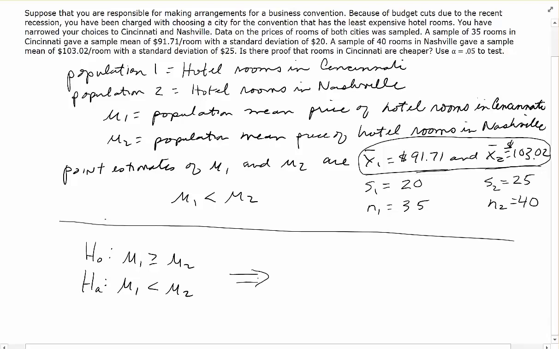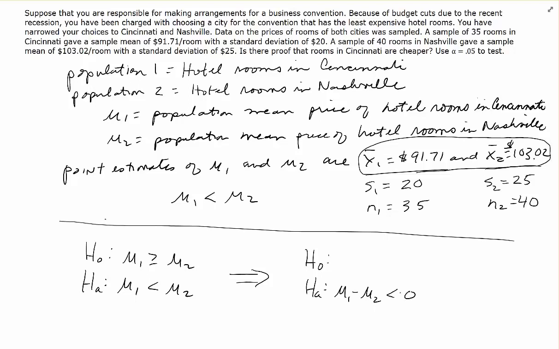The way we can write this, first of all, is we can say that trying to show that mu1 is less than mu2 is the same thing as showing that the difference between mu1 and mu2, where I'm taking mu1 subtract mu2, is less than 0.